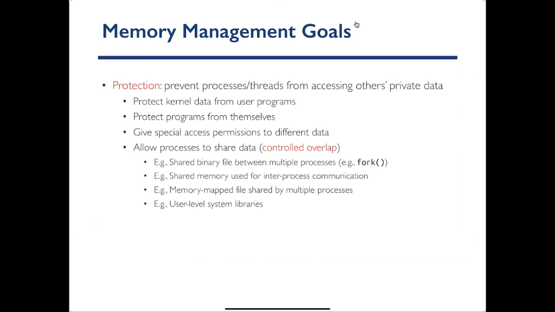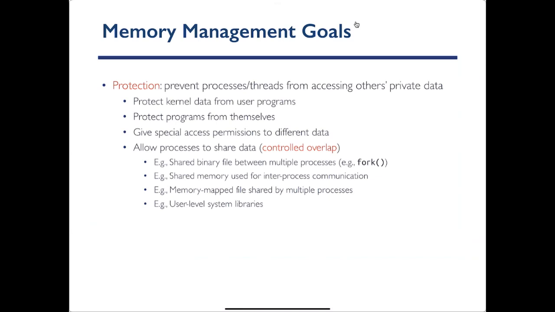For example, we might want to allow a process to read certain data, but not be able to write it, or write to certain memory regions, but not be able to execute. So we want to have different access permissions for different regions of memory.